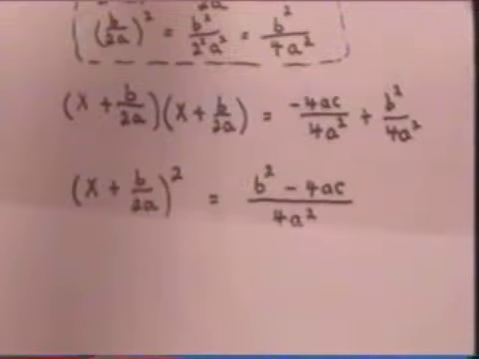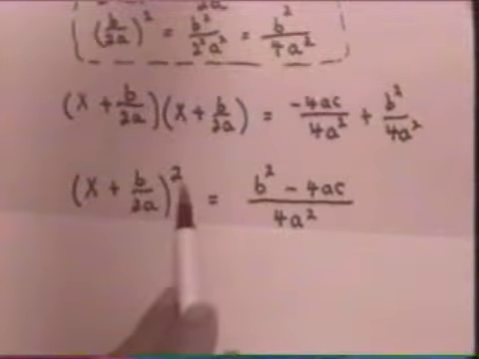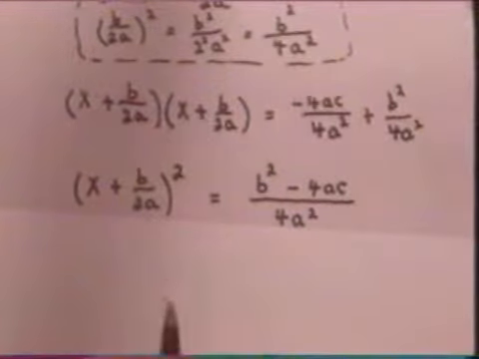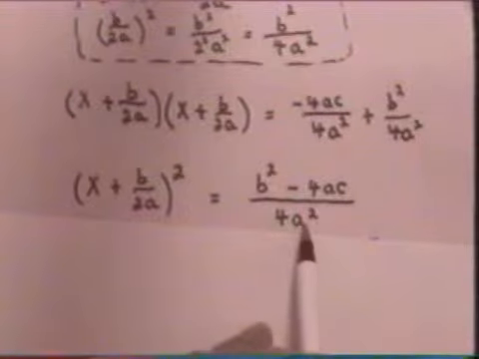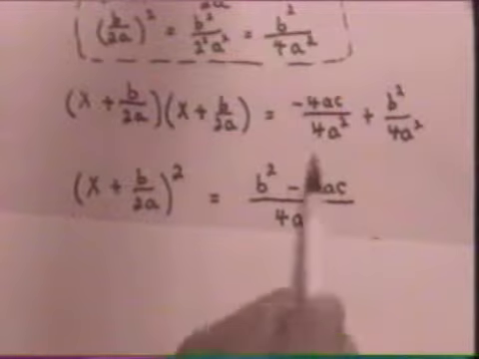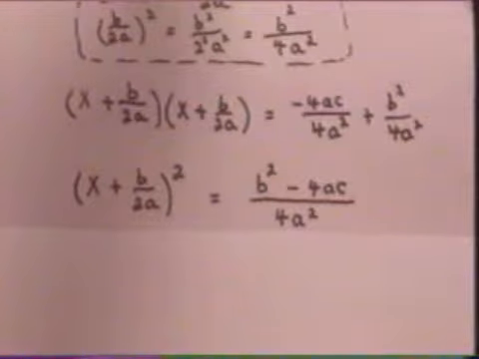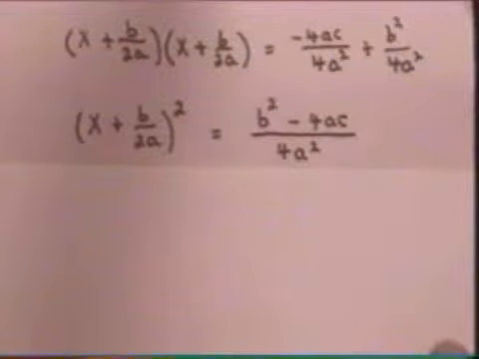Now I can rewrite the left member as x plus b over 2a, quantity squared. If I'm using it as a factor 2 times, then it's a square. And I have the common denominator, so I can keep the denominator and add the numerators to get b squared minus 4ac. Now I'm going to apply my principal root theorem to take the square root of both sides.